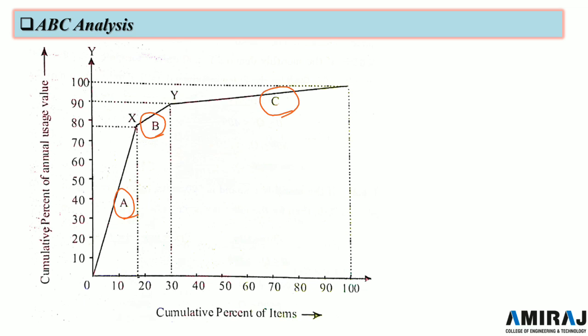Here, class A represents inventory that accounts for 70 to 80 percent of the annual usage value. This is the annual usage value in terms of percentage. Its quantity is 5 to 10% of the total number of items, or up to 10 to 20% of the total inventory.